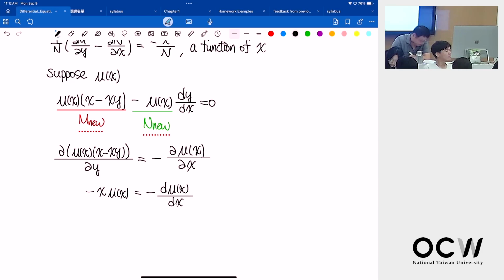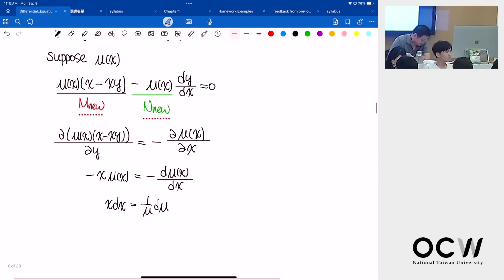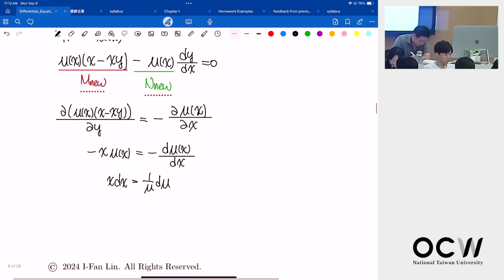So x dx equals 1 over mu d mu. Then you get 1 over 2 x squared will be equal to natural log of mu.